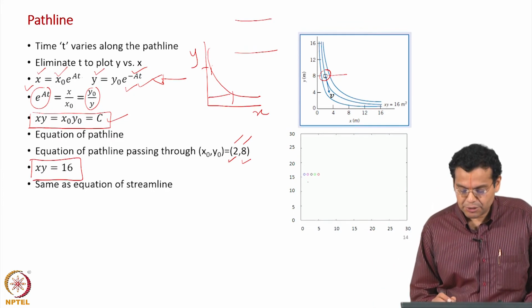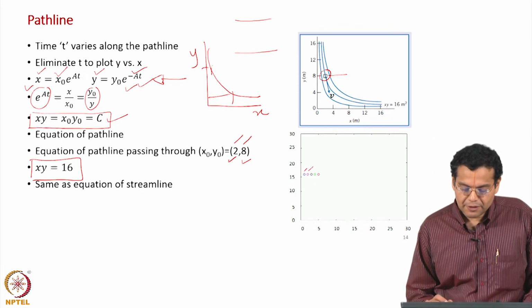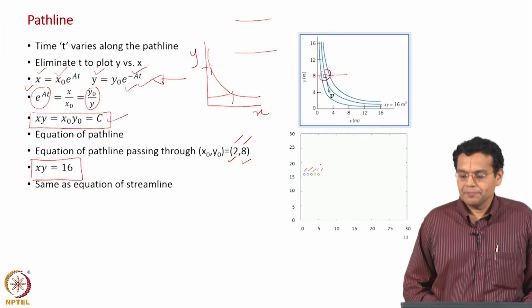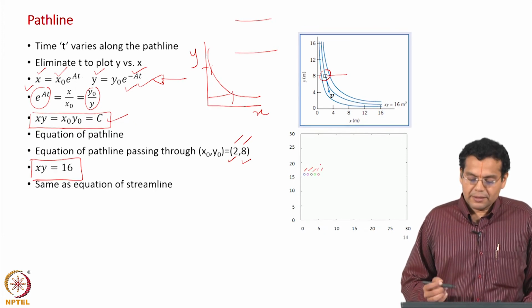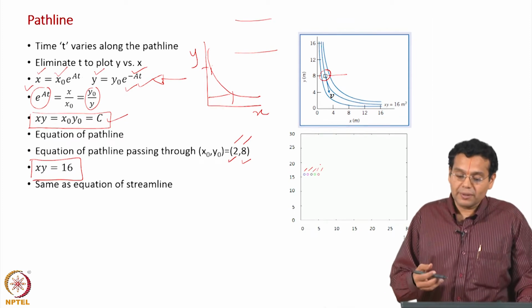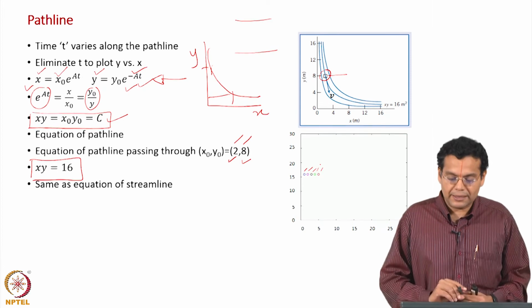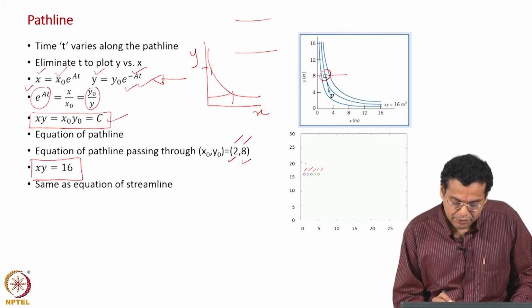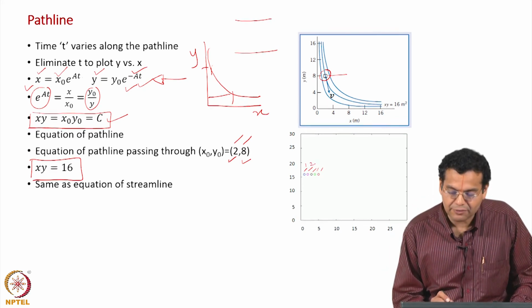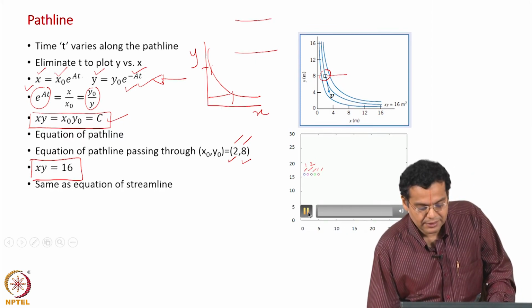What is shown here are different fluid particles, and then we are going to see the path line followed by each of these fluid particles. Remember we said path line is for a particular fluid particle. So, if you track this you will get one path line, if you track this you will get the second path line, etc. Okay. And now let us run this.